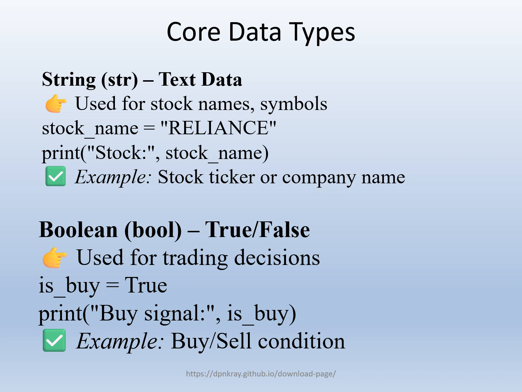Then string, with this we can represent a stock ticker or company name. Here I have used a stock name variable and assigned Reliance. Then boolean, with this we can represent true and false, that is decision making. In this case I have assigned true to a variable is_buy, and with this we can represent a buy signal true.